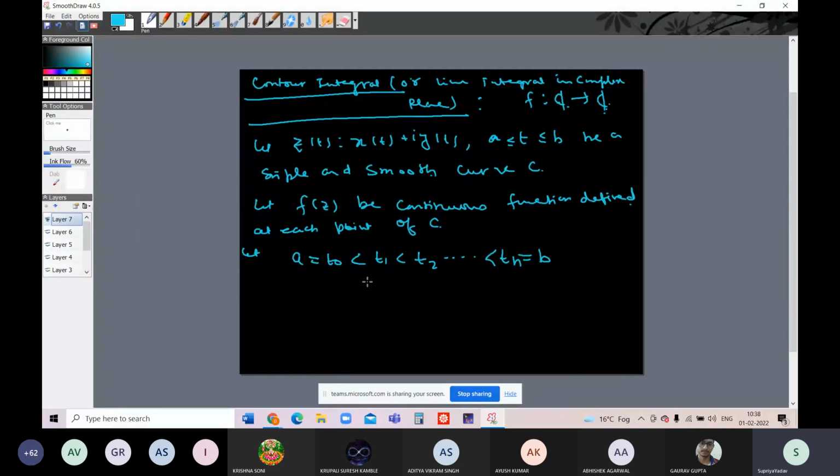It is not a unique partition; we can make infinitely many partitions here. So we simply choose one partition: t0 equal to a, t1, t2, t3 and so on, and tn equal to b.